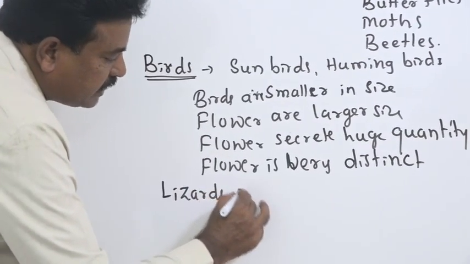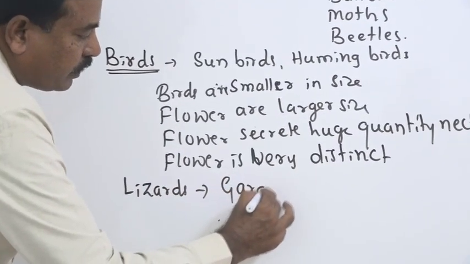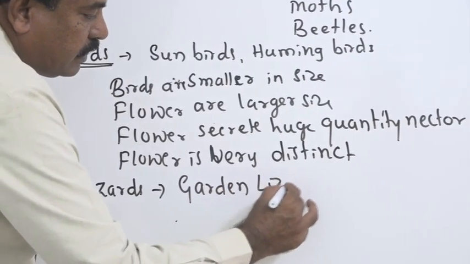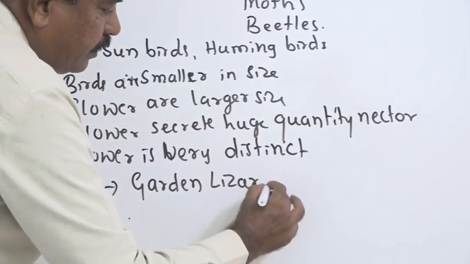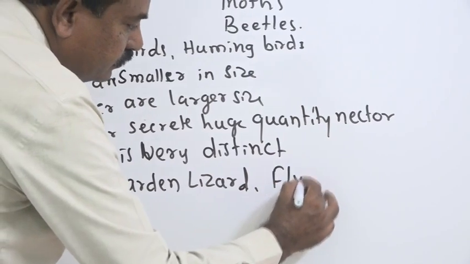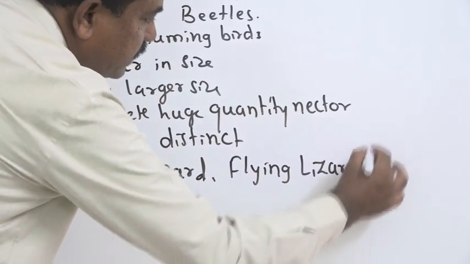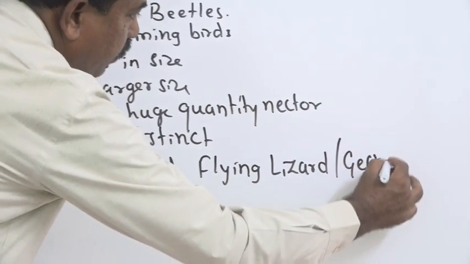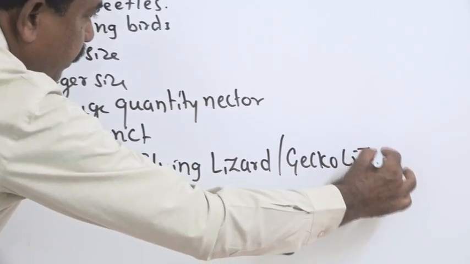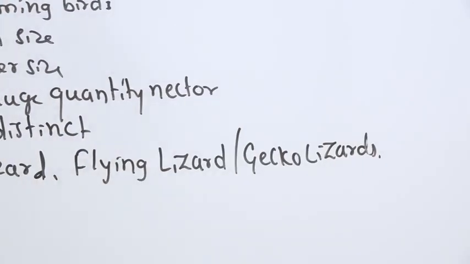Then you take lizards, especially the garden lizard and a flying lizard. The flying lizard we also call a Chico lizard. These two reptiles carried out pollination.